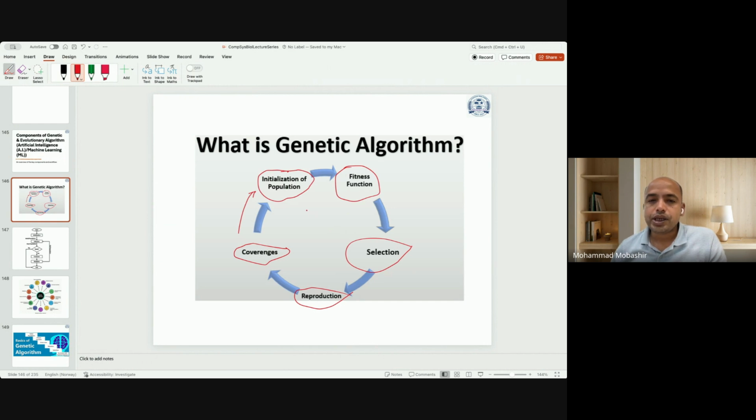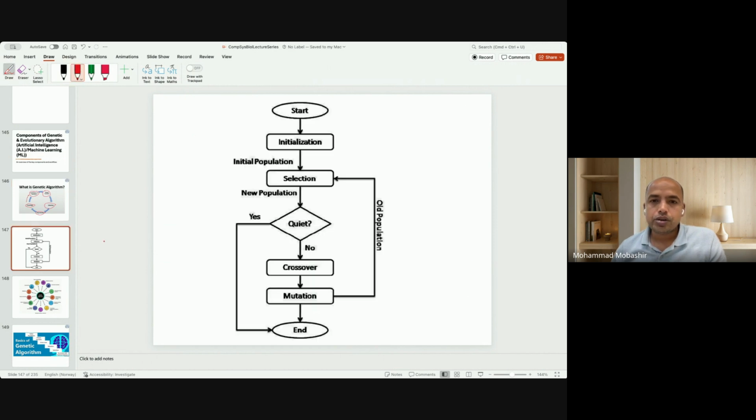So in each step, the previous step's population comes for the next level of modification or mutation and then optimization. This could be seen as the very old way of presenting this genetic algorithm.